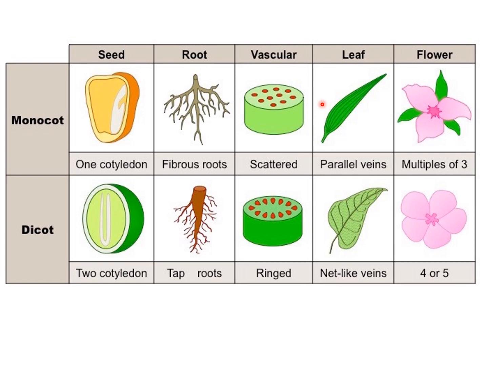The flowers of monocots and dicots differ in the number of petals. The number of petals in monocots is usually 3 or a multiple of 3, but in dicots it is usually 4 or 5, or a multiple of 4 or 5. So this is how they differ.